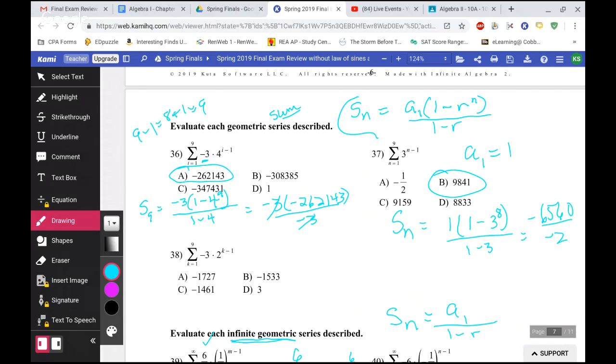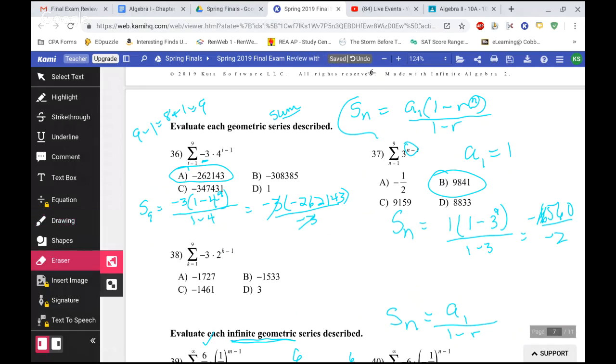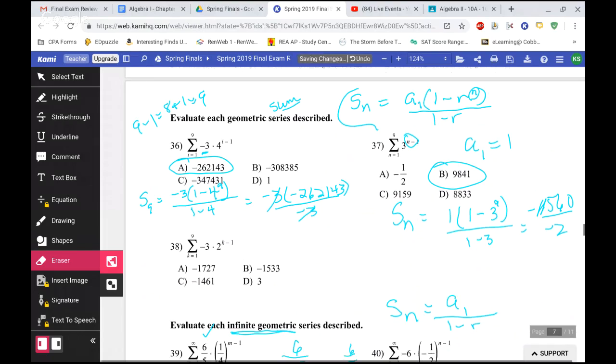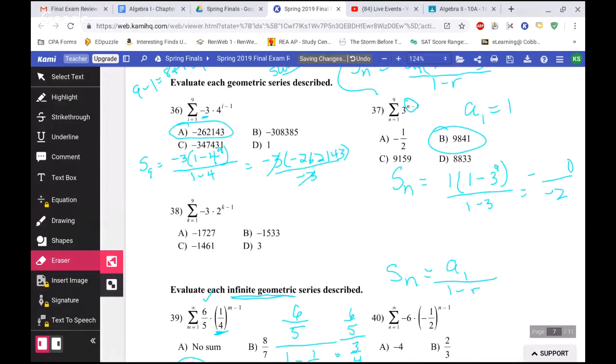Oh no, she's right. I looked up the formula, and it's n up there, not n minus 1. You're right, I was doing n minus 1 from here, but it's actually n. My bad. Yeah, I got B too. I knew somebody would catch my mistake for me.